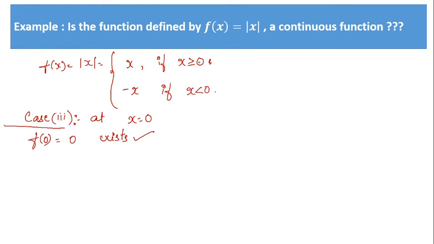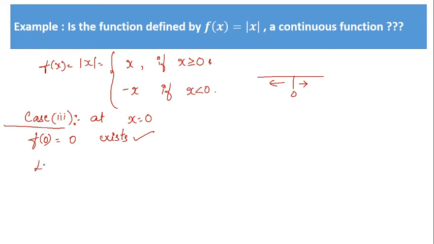Why? Because immediately to the right the value is x, and immediately to the left of 0 the value is minus x. Right means greater than 0 and left means less than 0. So to the left of 0 it is minus x, and to the right of 0 it is x.